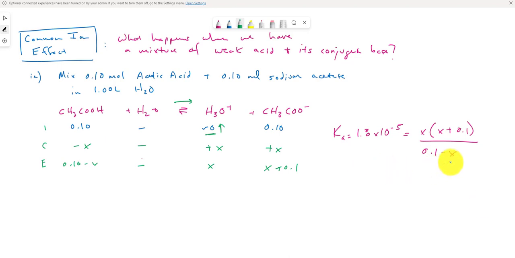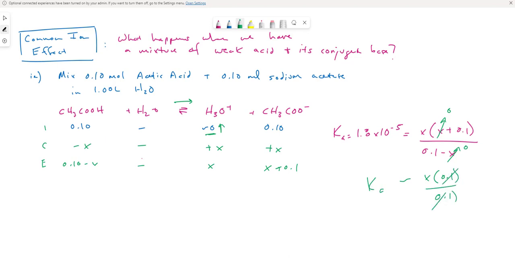So let's make an approximation that x is small and see if we can make an initial pass at a solution. If we assume x is really small, then what we're really saying is this x in the numerator is negligible or 0. This one is also negligible or 0. And so this becomes x times 0.1 over 0.1, which goes away.